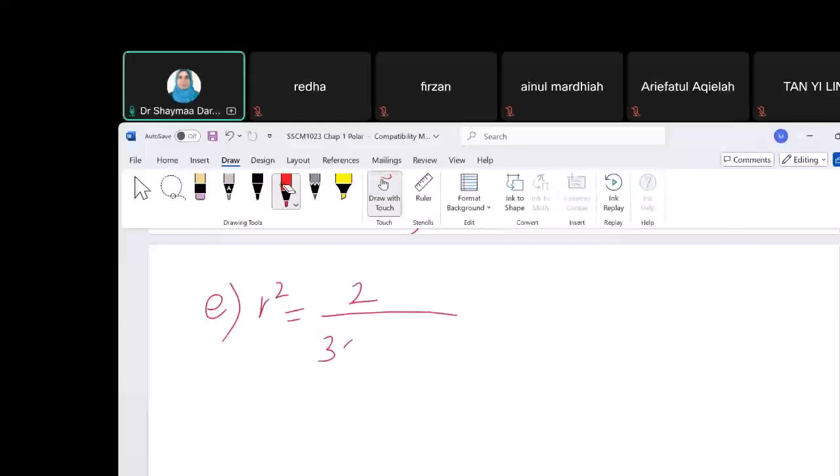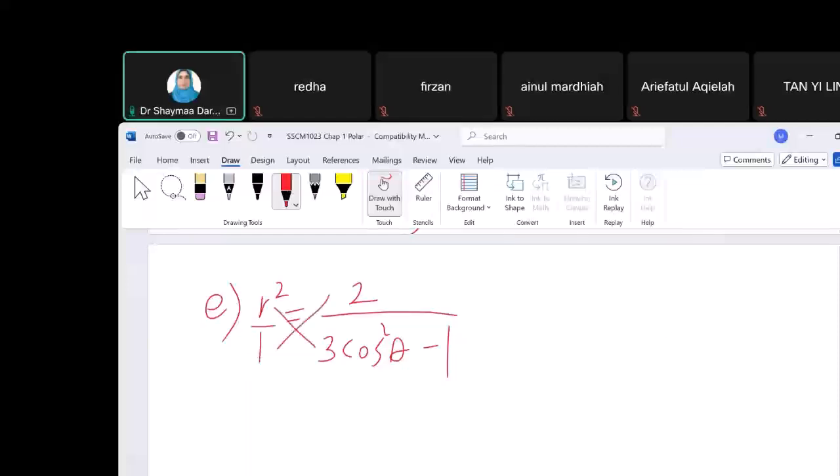Now the next one: r squared equal to 2 over 3 cos squared theta minus 1.